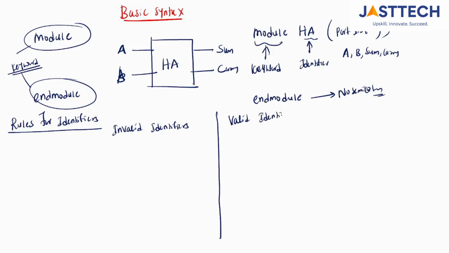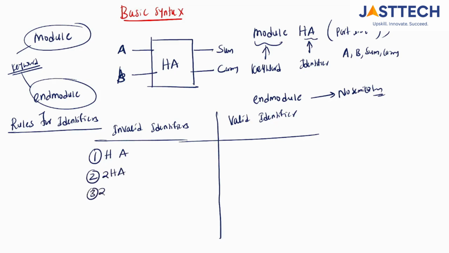Invalid identifiers are, suppose for the half adder I'm writing, H space A, or it should not start with a number, 2HA. The compiler will not take 2HA and 2H space A, and next dollar HA, and next H hash A.